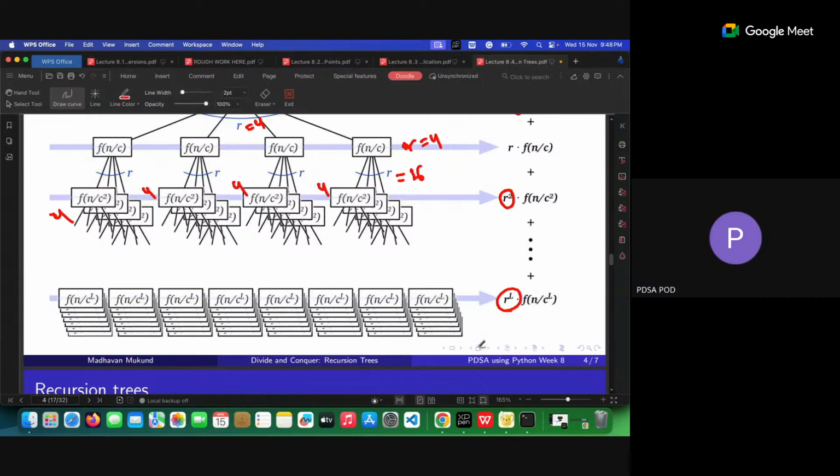Whenever the level increases, the number of recursion calls increases, and at the same time the number of subproblems increases. This is how the complexity is represented using recursion trees.